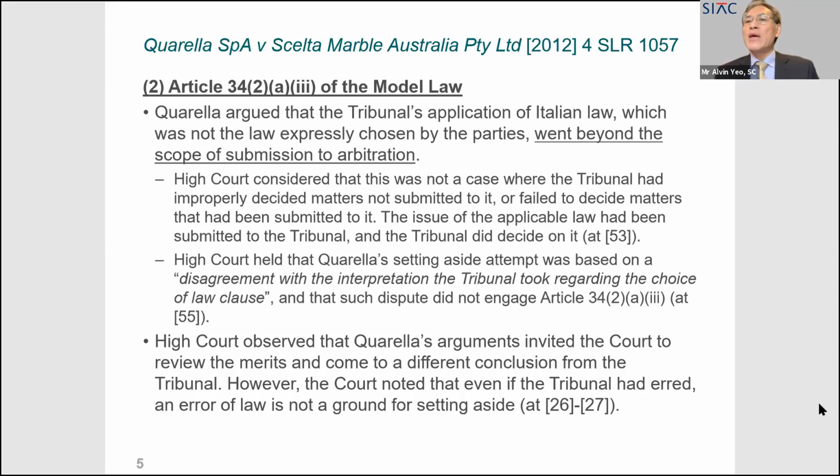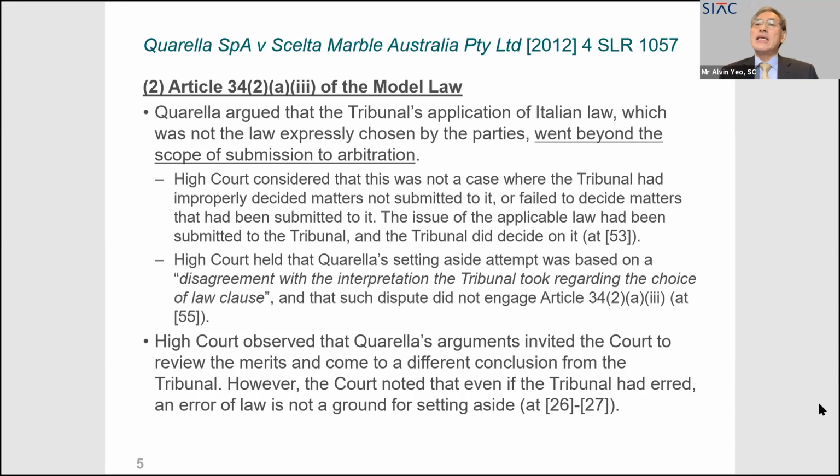So essentially, the High Court said that Corrella's complaint was based on a disagreement with the interpretation that the tribunal took regarding the choice of law clause, and not that the choice of law was a matter that was not submitted for arbitration, and hence within, if you like, the scope of the submission to the tribunal.